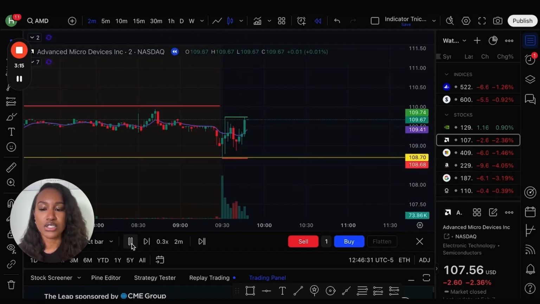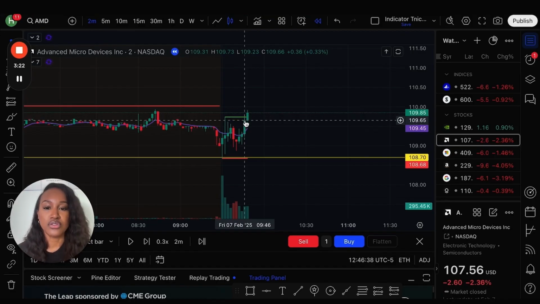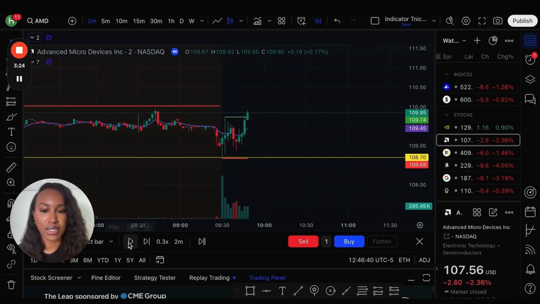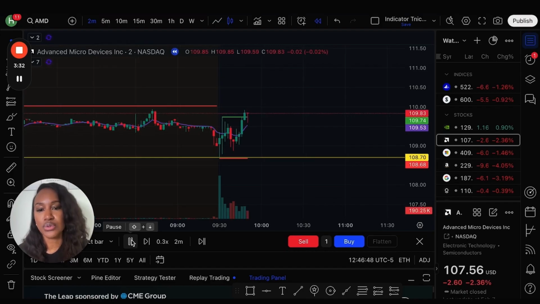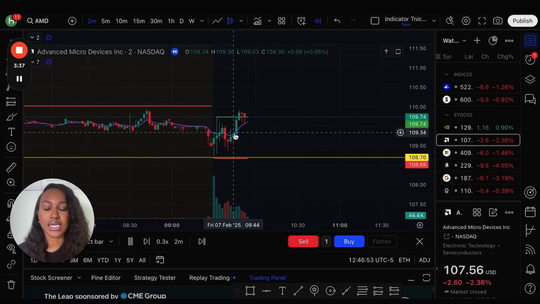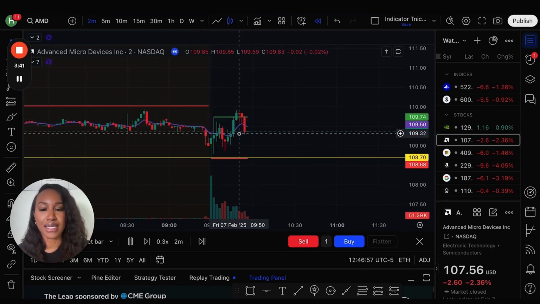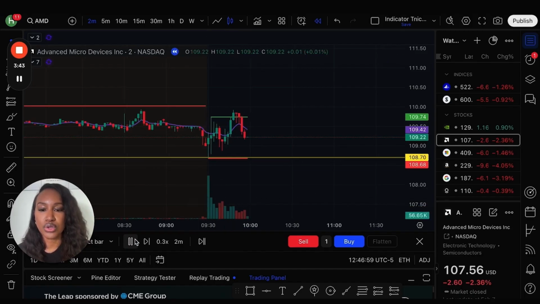The opening range breakout is the highest and lowest price of that stock during the first 15 minutes of the market being open. As you can see, price is moving. It did a quick move to the upside, and I would like to see a continuation, but it broke out a little bit and then came back into the range.